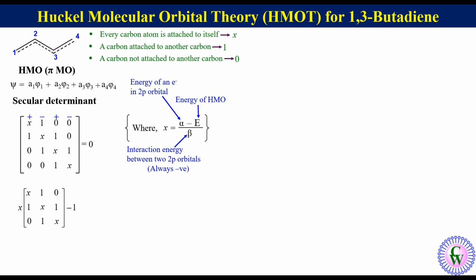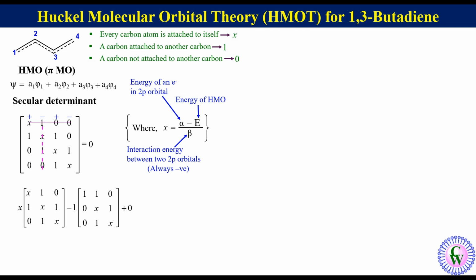So put minus 1 here and multiply it with a 3 into 3 matrix formed by ignoring figures in front of 1. So it will be 1 1 0, 0 X 1, 0 1 X. The third place is positive and there is 0.